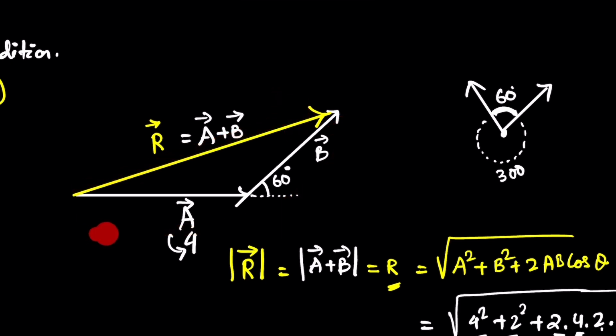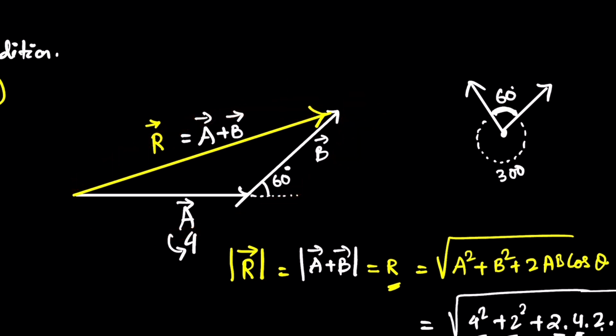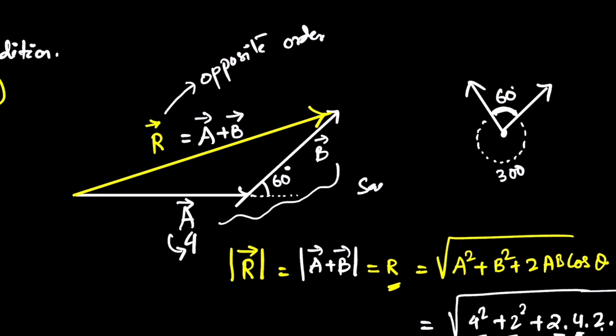So r vector is in the opposite order. The opposite order is always opposite to the same order, and when we add them, the resultant for the same order vectors is the sum, while for the opposite order the answer is the difference.